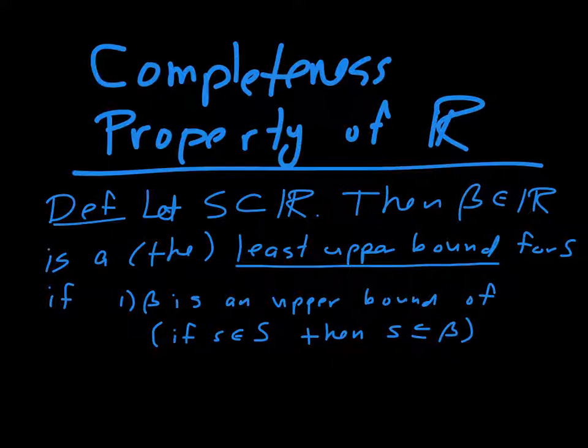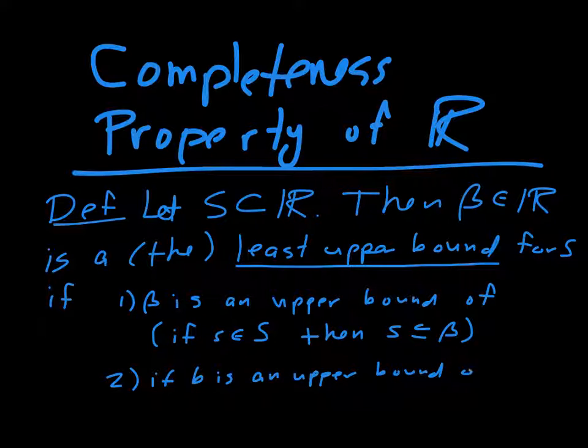And then for it to be the least upper bound, if B is an upper bound of S, then B is less than or equal to beta.